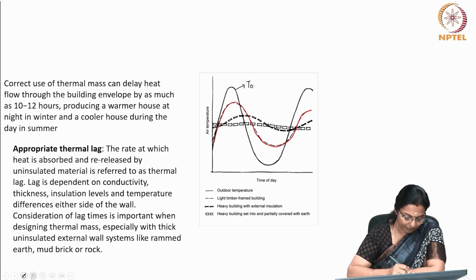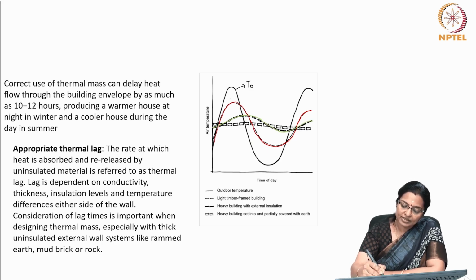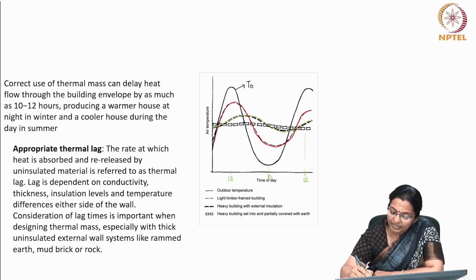Then you have a heavy building with external insulation. Now, my guess would be this time would be somewhere around say 12 noon. Let us consider this as 12 noon, and this is the 12 noon of next day, and let us just for theoretically consider this as midnight.